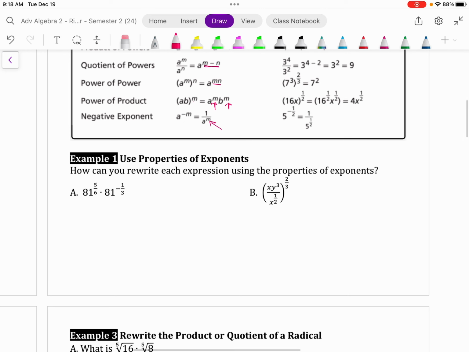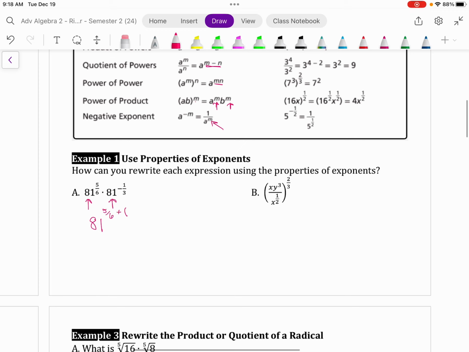So if we look here, we have the same base, so that means we're going to add the exponents. We're going to write 81 to the 5/6 plus negative 1/3.